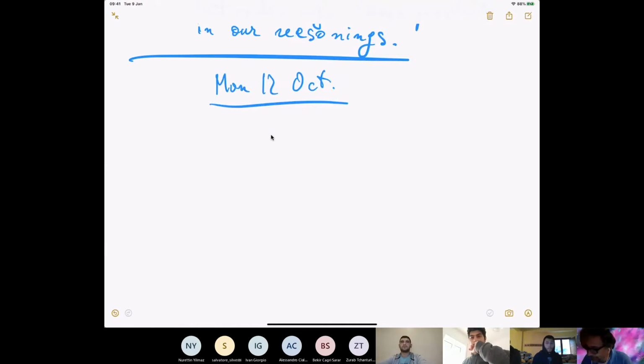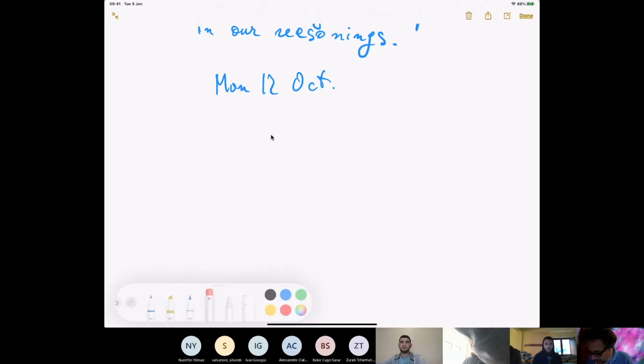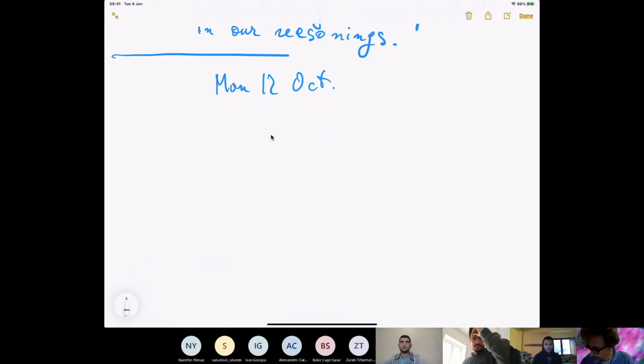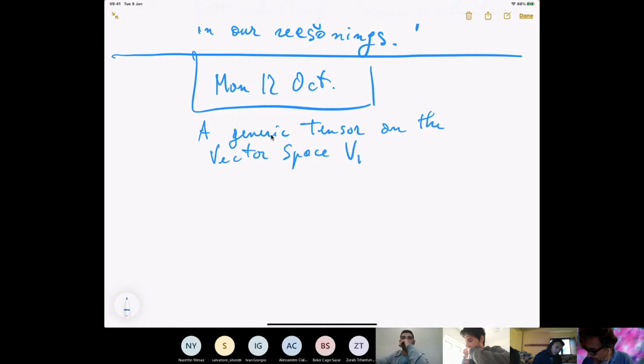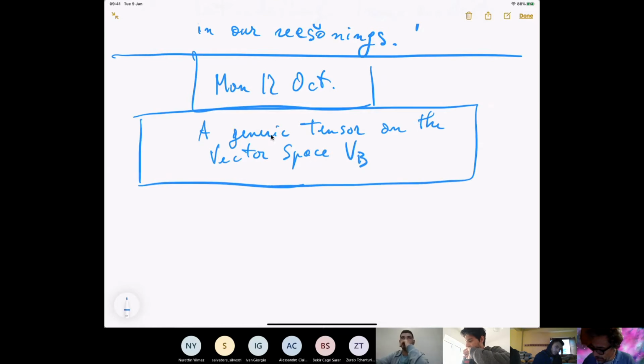Okay, so today we must move on and we must try to build. The aim of today is to build a generic tensor on the vector space VB. So this is what we want to do.